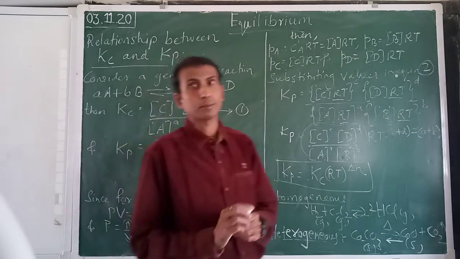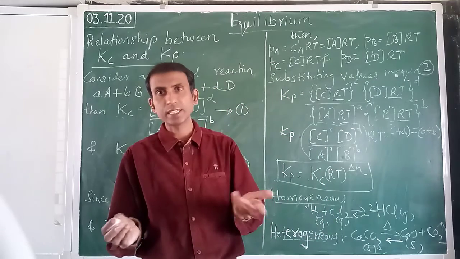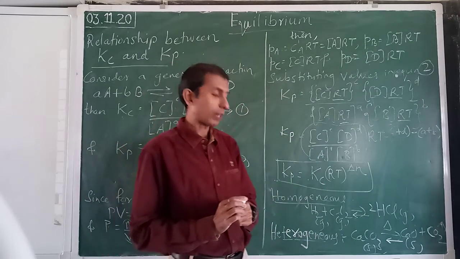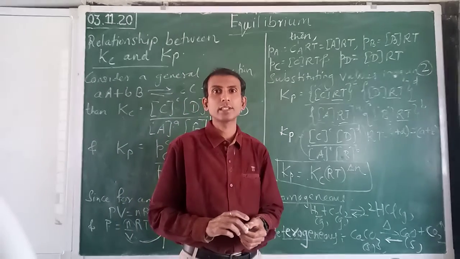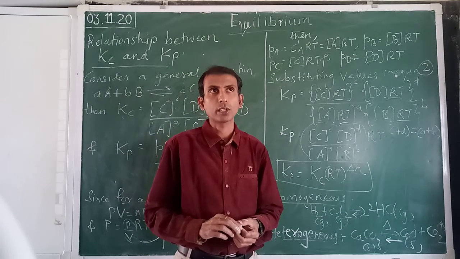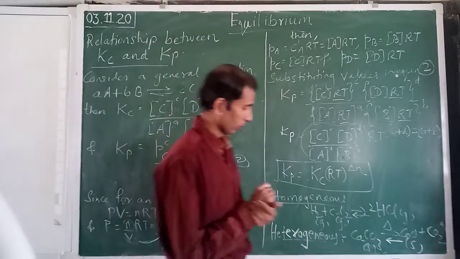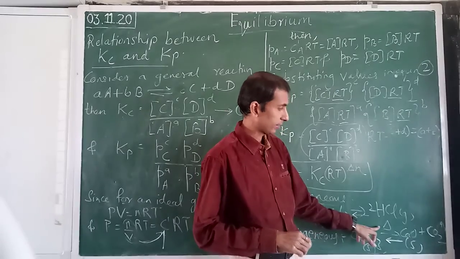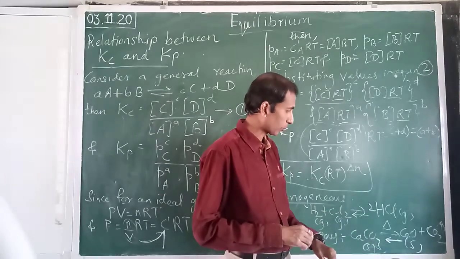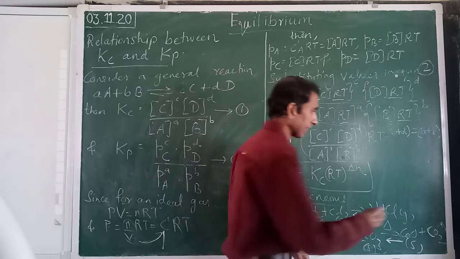Heterogeneous equilibrium. Now what is the meaning of heterogeneous equilibrium? Very easy. The equilibrium in which the reactants and the products are in different phases or different physical states. So we have calcium carbonate solid; heat the calcium carbonate and it will decompose to give calcium oxide and carbon dioxide gas.